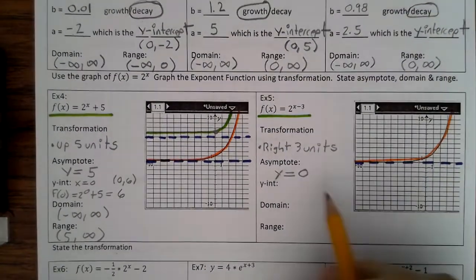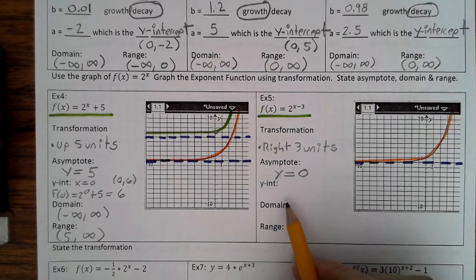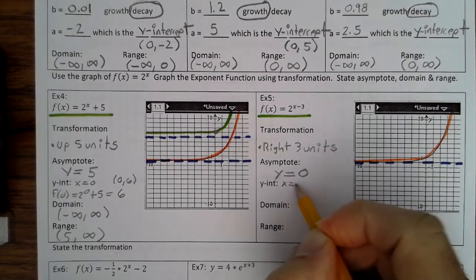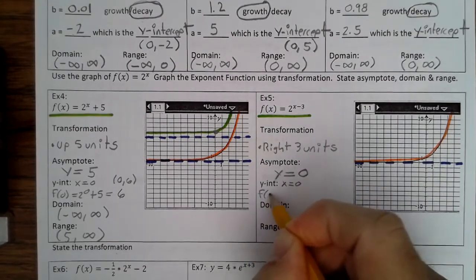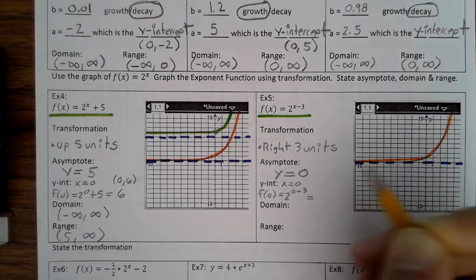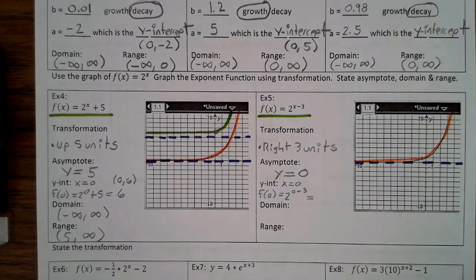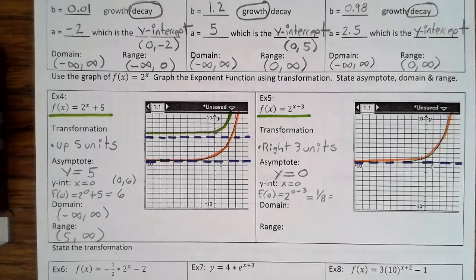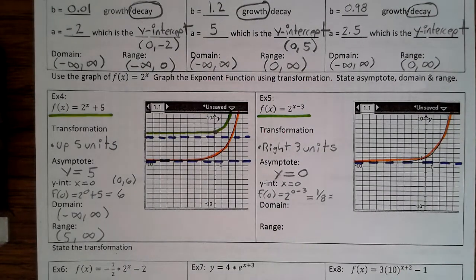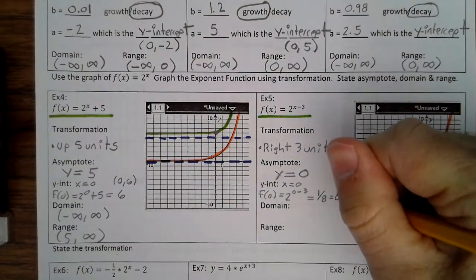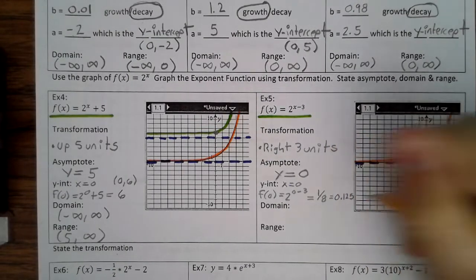Okay, now to find the y-intercept, you plug in x equals 0, so you have f of 0 equals 2 to the 0 minus 3, which equals 1 divided by 8, which is 0.125.